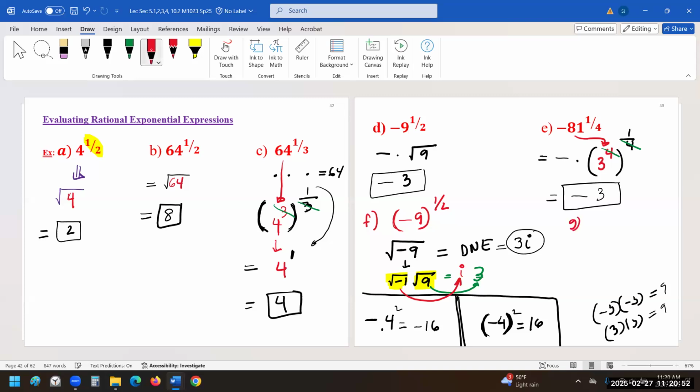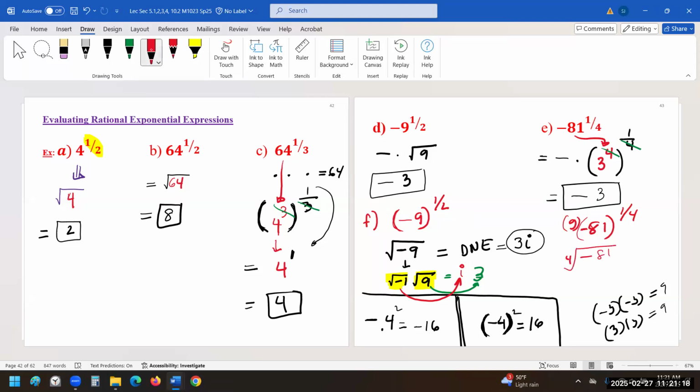Similarly, if we have negative 81 with the 1/4, now we have no idea what number, when you multiply 4 times, turns into negative 81. So this is the same as the 4th root of negative 81.